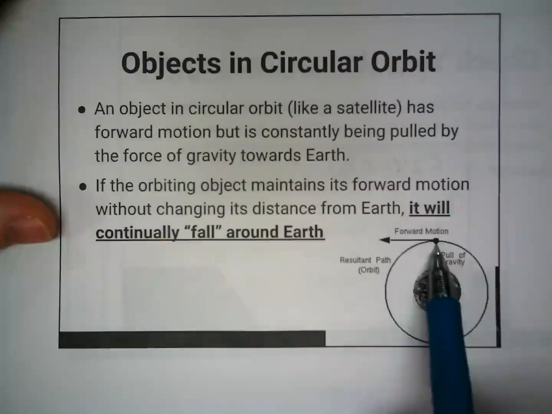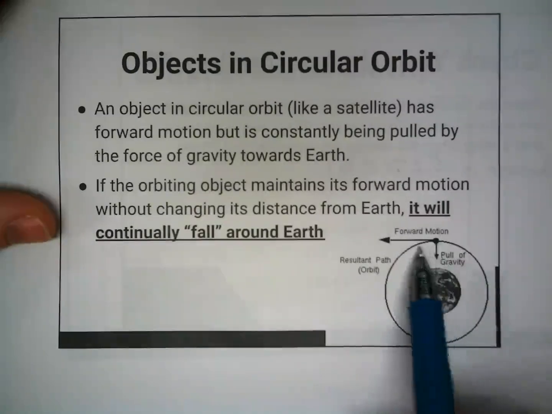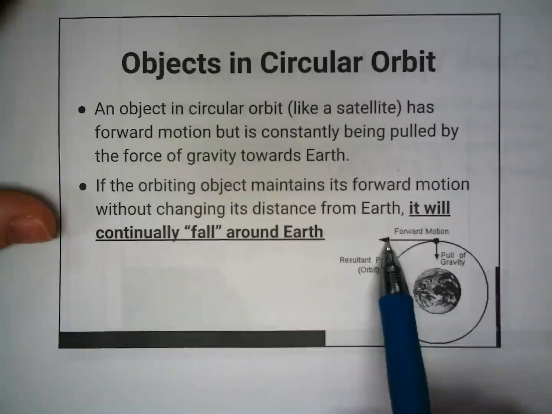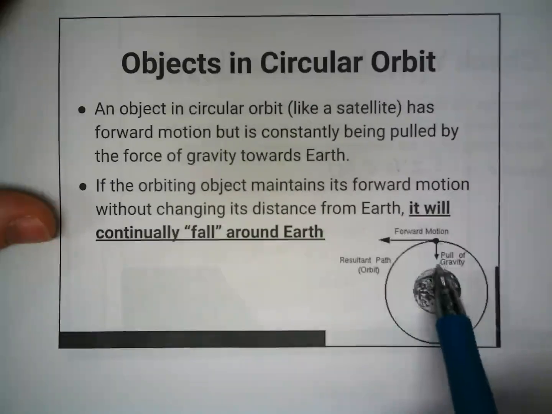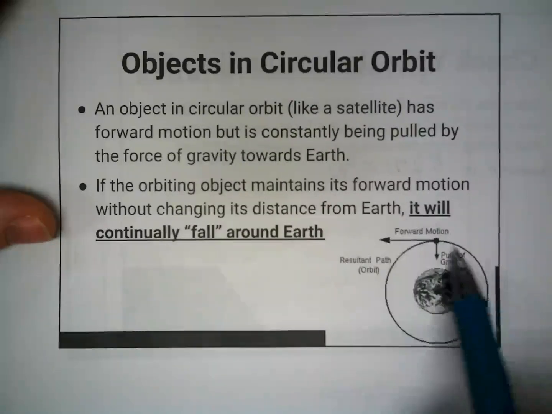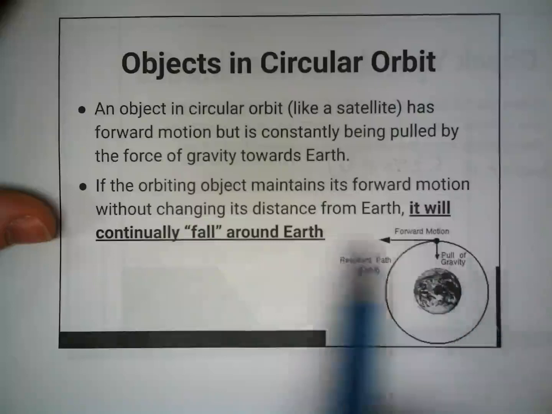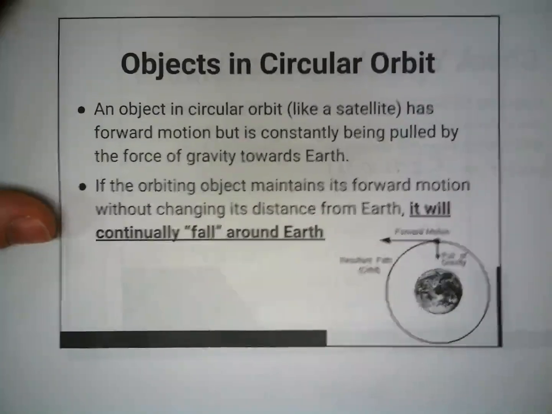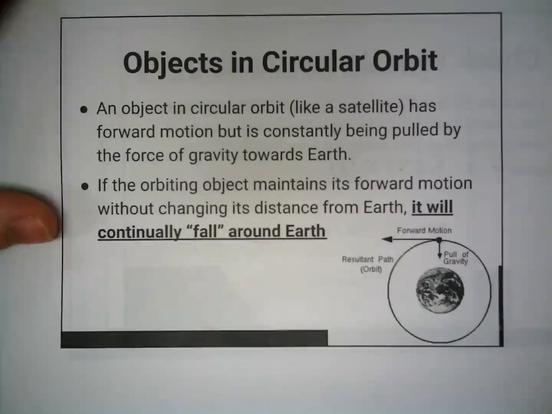So the satellites want to move in this forward direction, but because there's the pull of gravity, it can be locked in this spot where it continually falls towards the Earth. Okay?